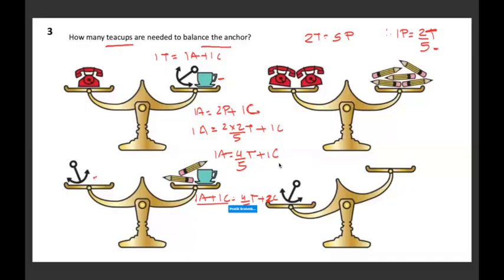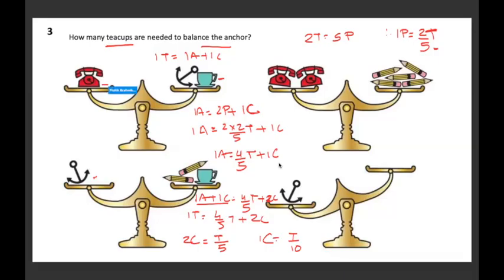So this equation is 1 telephone is 4/5 telephones plus 2 cups. So 2 cups will be equal to telephone by 5, which is 1/5. 2 cups is 1/5 of a telephone. Therefore, 1 cup will be equal to telephone by 10.